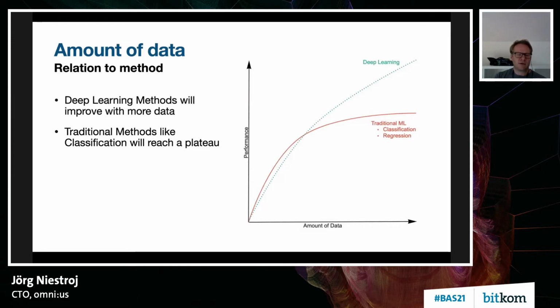You can start very low and it's getting better, but then you will reach a plateau. And you will recognize that it is not getting better if you provide more and more data. And in the worst case, the performance can also go down with much more data. So therefore, the amount of data you need is limited.